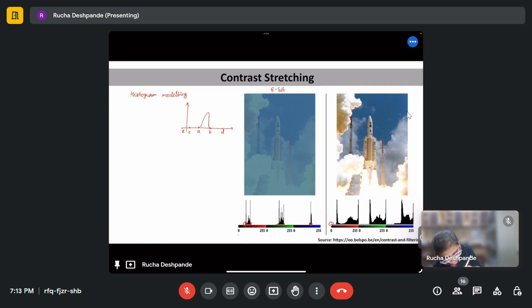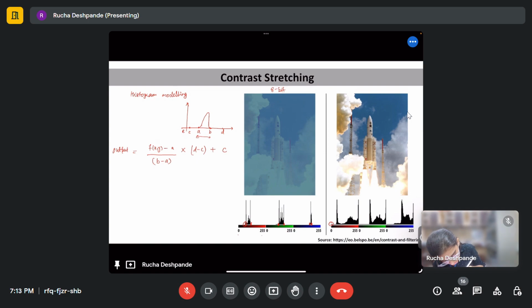First, we subtract A from all the values of this histogram, so we have f of x comma y minus A. Then we normalize this by the range of these values, multiply it by the desired range, and then add the constant C. This will be the output.